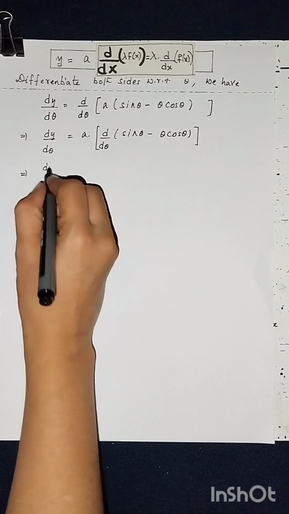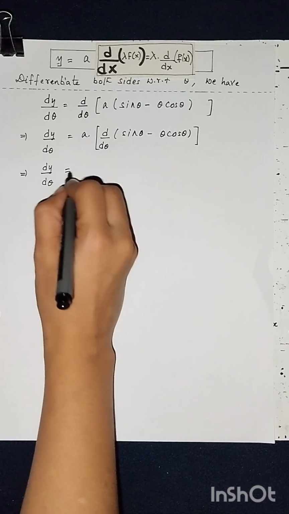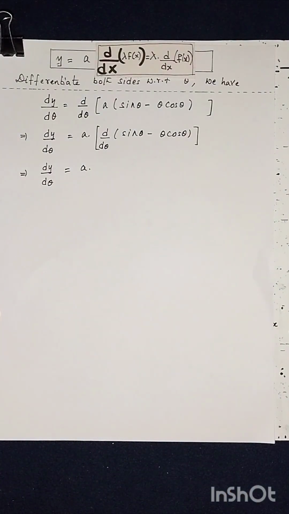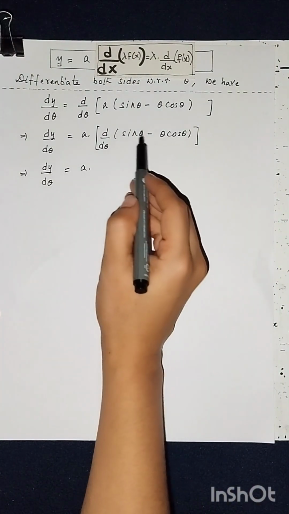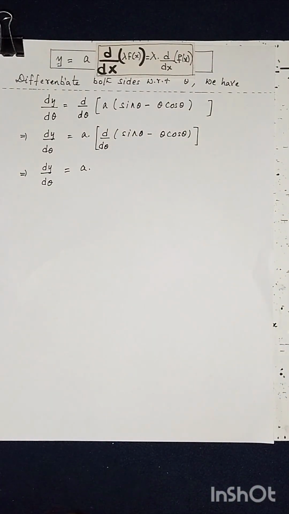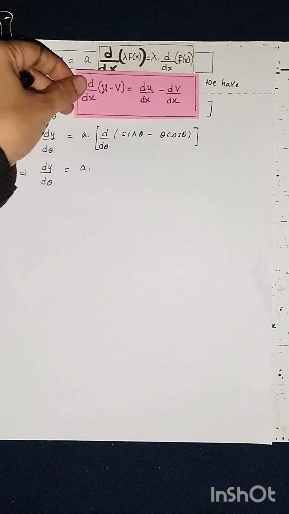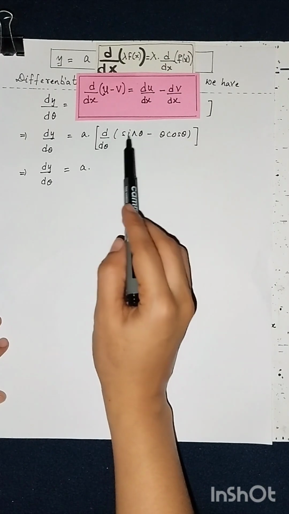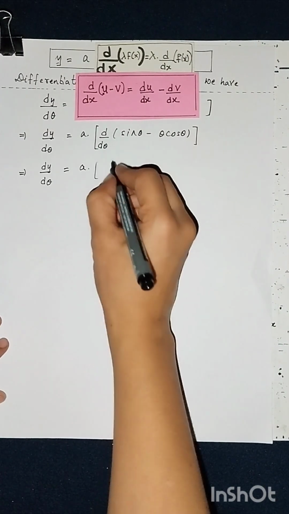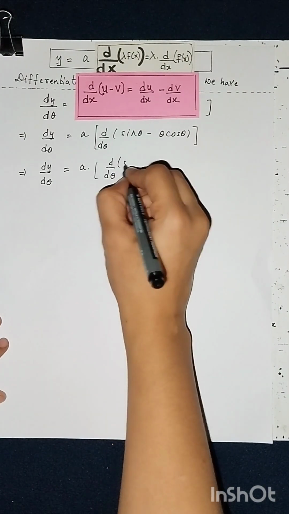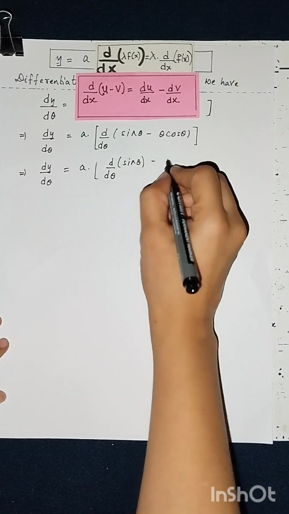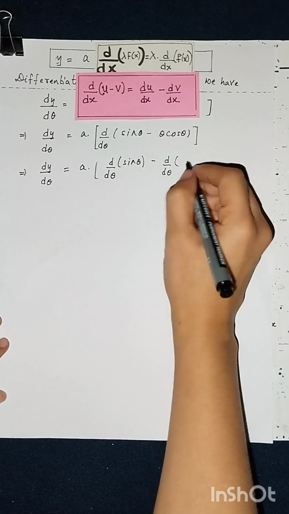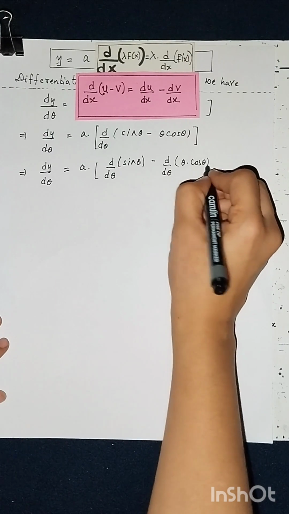Now this implies dy by d theta is equal to a into, now how do we differentiate when we have function minus function? We will apply the d by dx of u minus v rule. So we will write here d by d theta of sin theta minus d by d theta of theta cos theta.